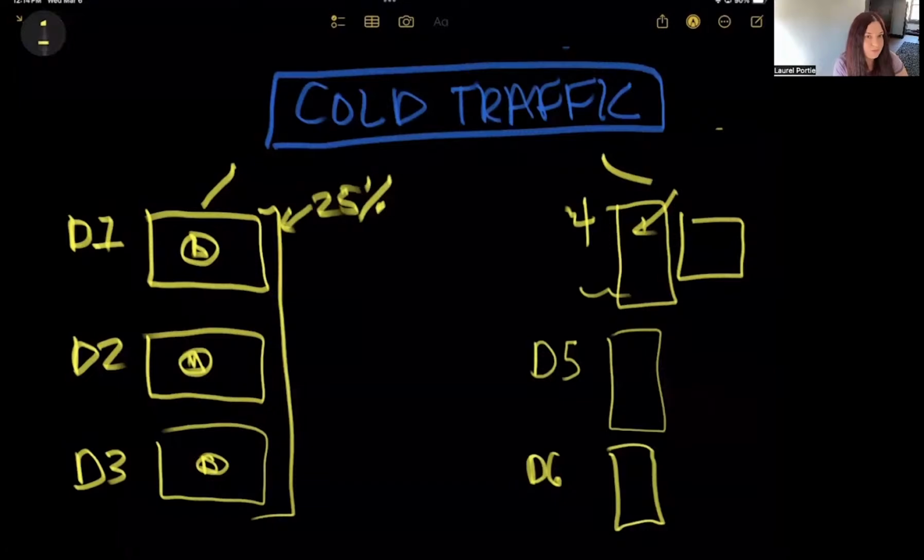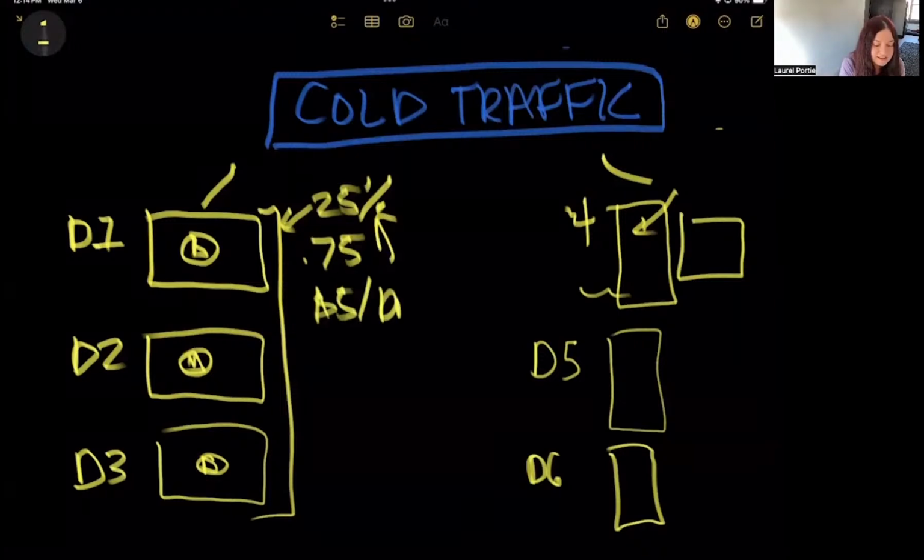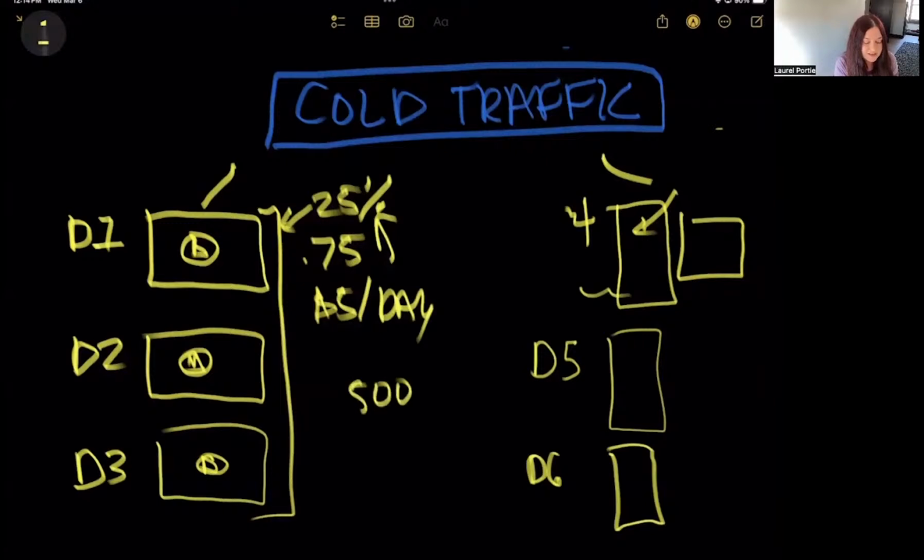If you have a low budget, if you're paying 75 cents to achieve that, that's not going to help you get your goal. And so we have to do math. If you only have $5 a day to spend, in order to get 500 people added to your invisible list, you have to pay anywhere between 5 cents and 10 cents for one 25% view.